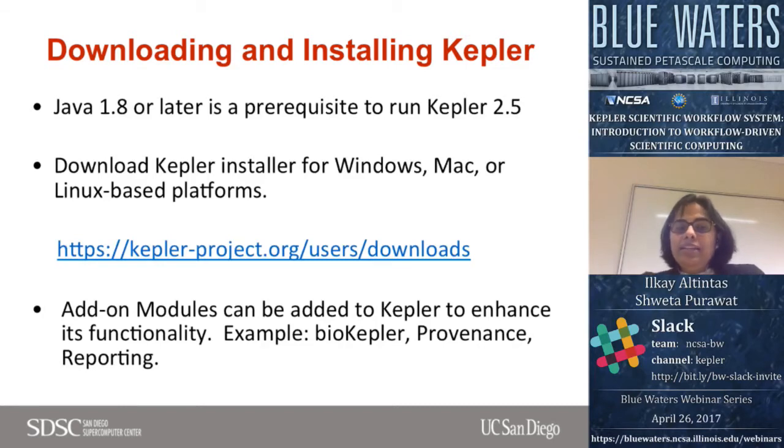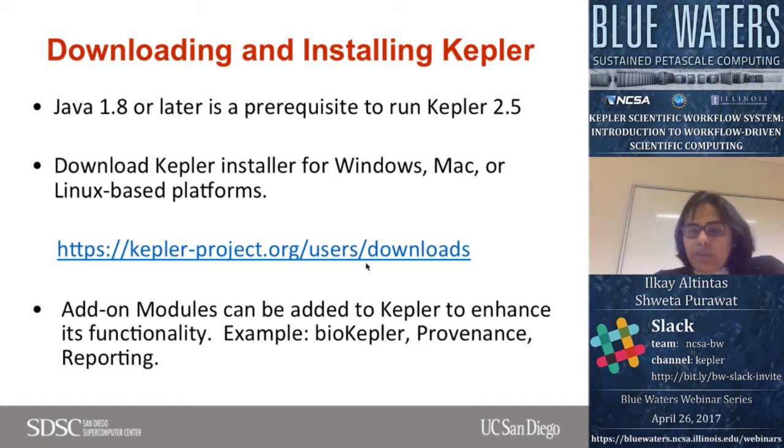Now, I'll show you how you can install Kepler on your system. Kepler requires Java 1.8 to run Kepler 2.5, which is the latest version of Kepler. Kepler supports Windows, Mac, and Linux platforms. You can download installers for Mac, Windows, and Linux-based platforms from the link shown in the slide.